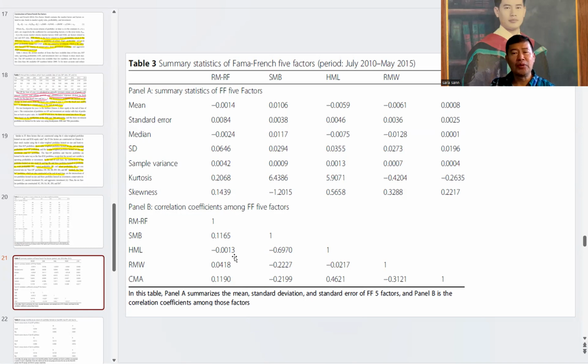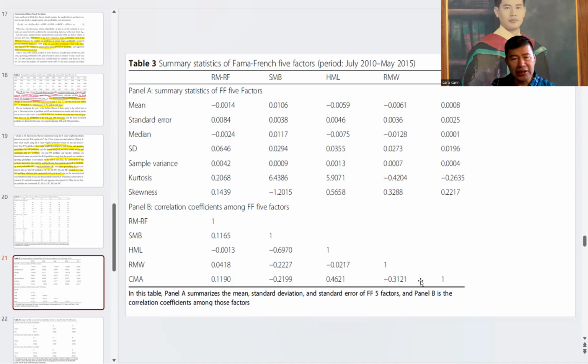We want to study the relation between the independent variable and the dependent variable, x on y, not x with x. But they also want to show that the correlation between the independent variables themselves must be a low number, because the main point we want to show is the relationship between x and y, not x and x, okay?